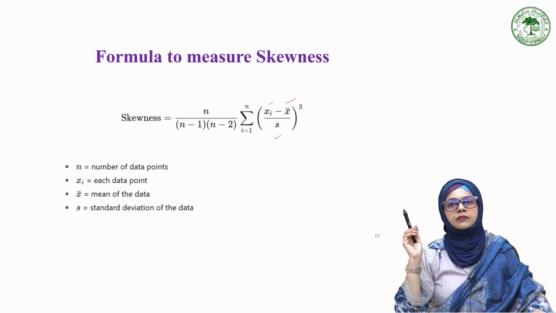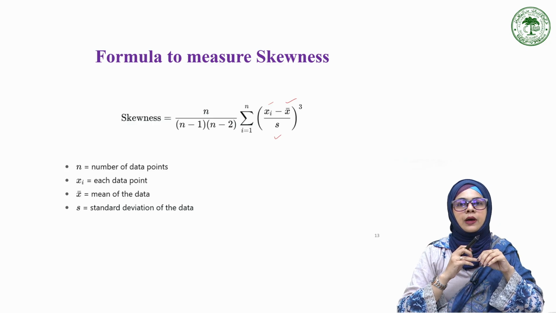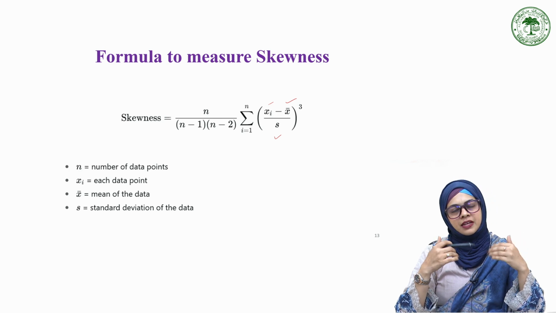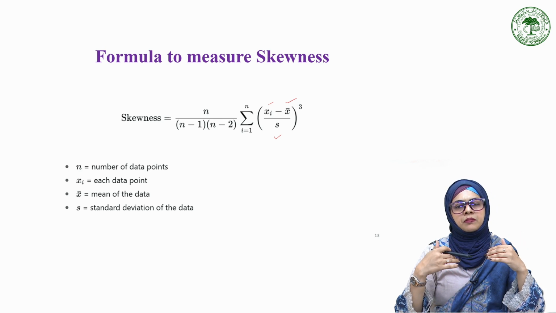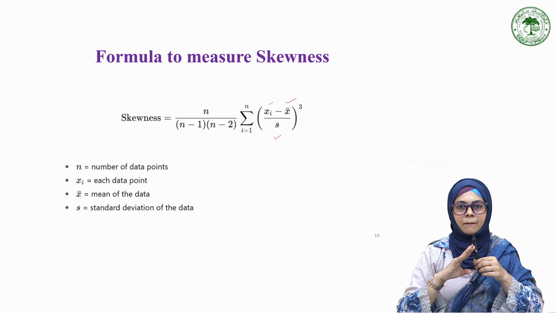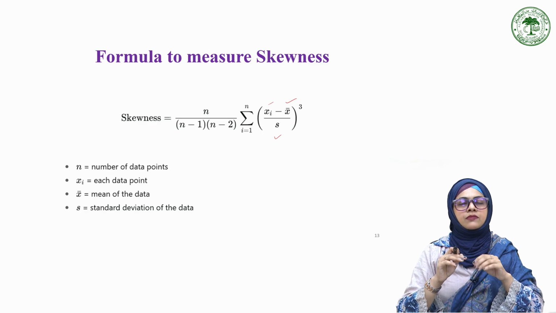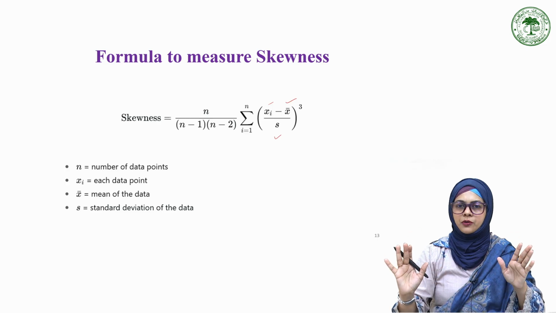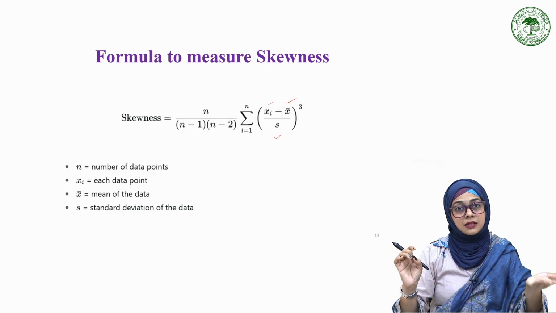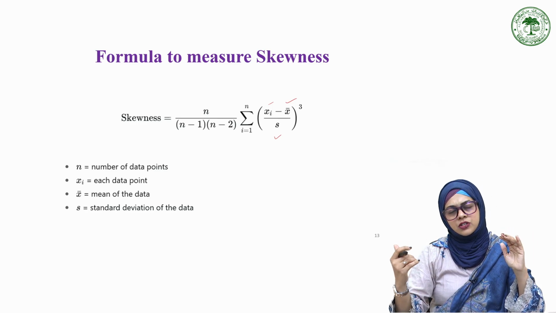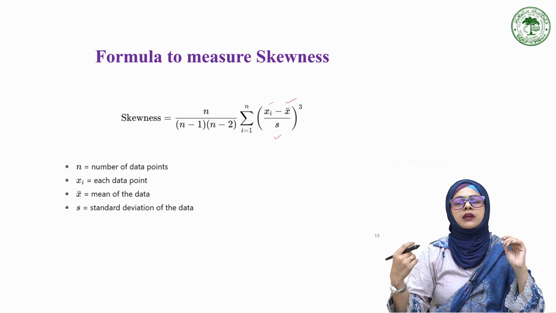If you look at the skew value, if the skewness value is 0, that means mean, median, mode are equal and it is normally distributed. If positively skewed, it is greater than 0, then it is right skewed, right? And if it is negatively skewed, that means it is less than 0, then it will be left skewed.